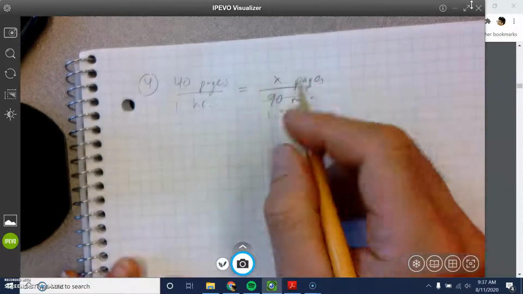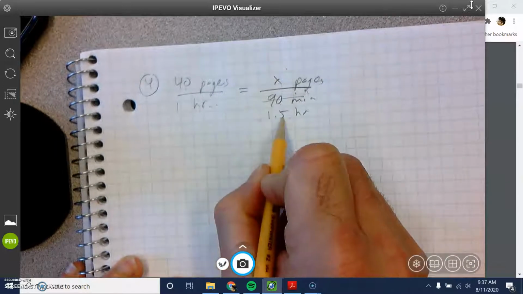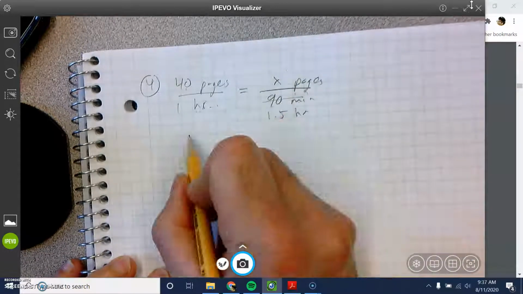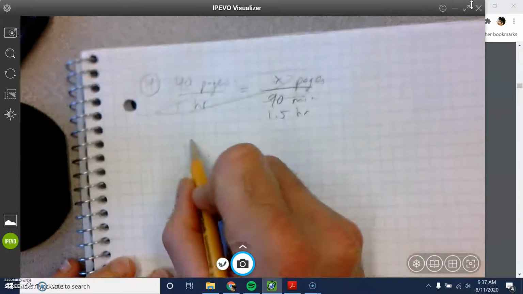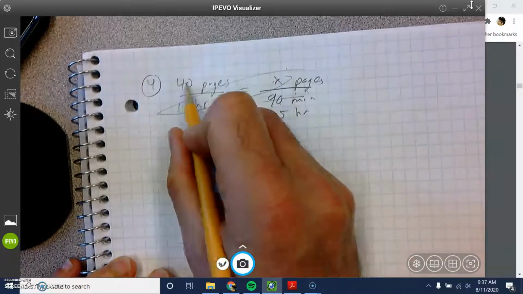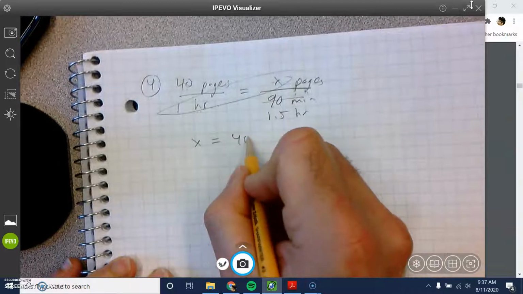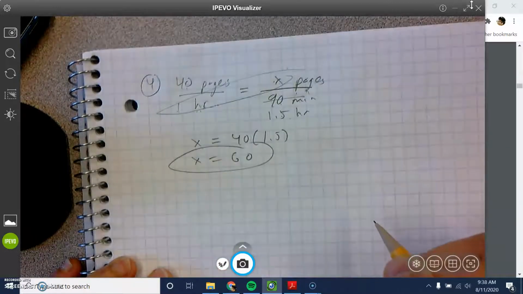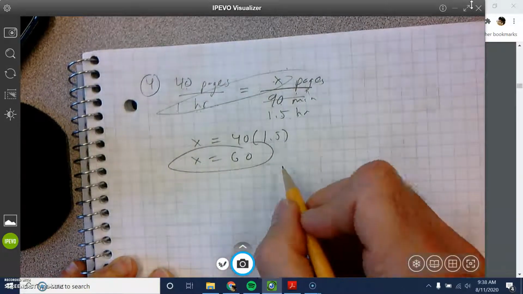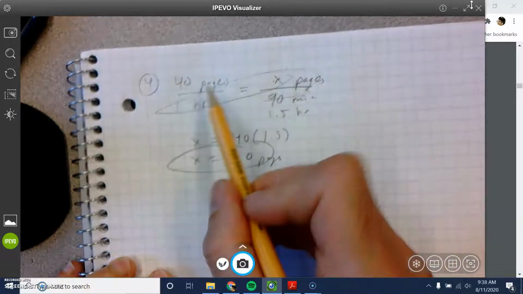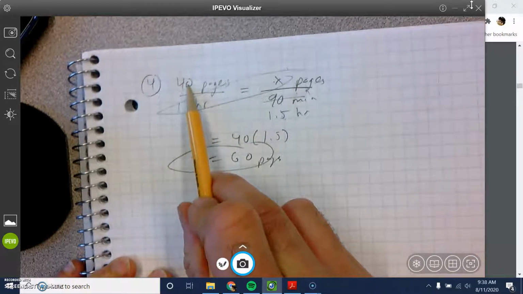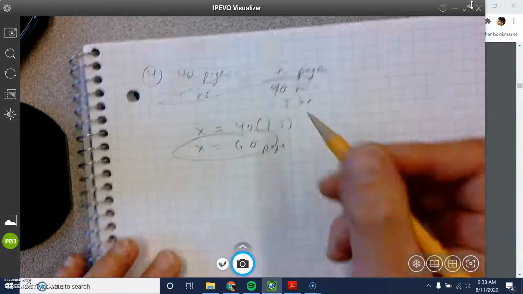So this works right here, look. So now, hours across hours, you know that, so cross multiply: 1 times X is just X, and then 40 times 1.5 is 60, bam. So 60 pages, which is one of these. One hour would be 40, and then half an hour would be 20. You can think of it that way.